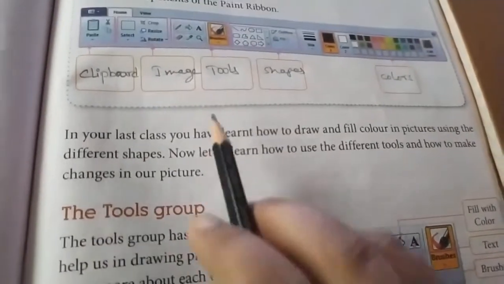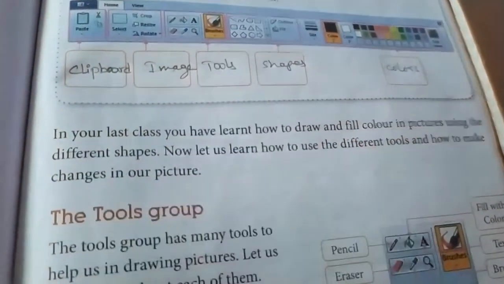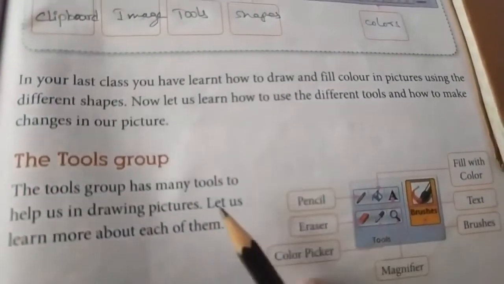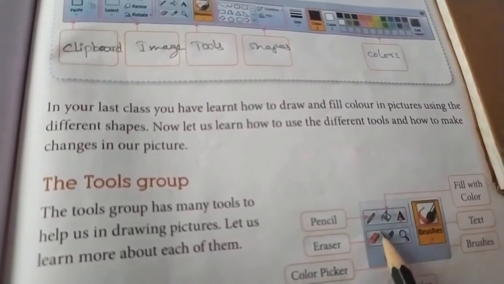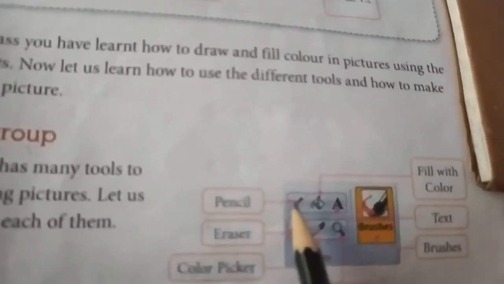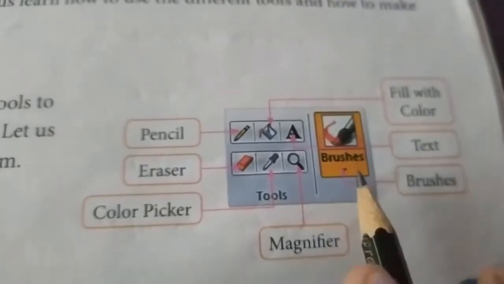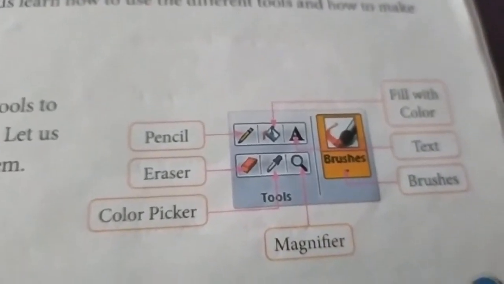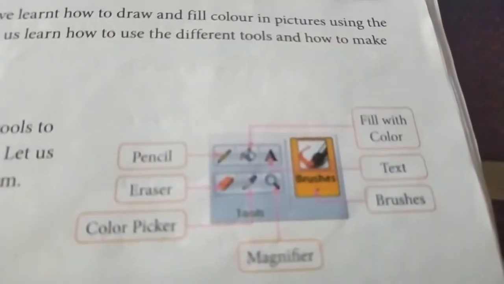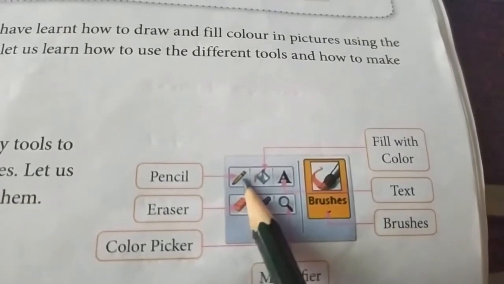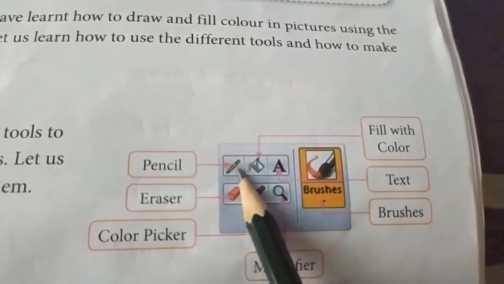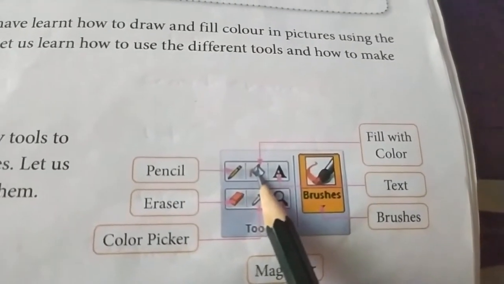The tools group, that means this group. See, the tools group is shown over here. The tools group has many tools to help us to draw a picture. This one is the pencil tool.